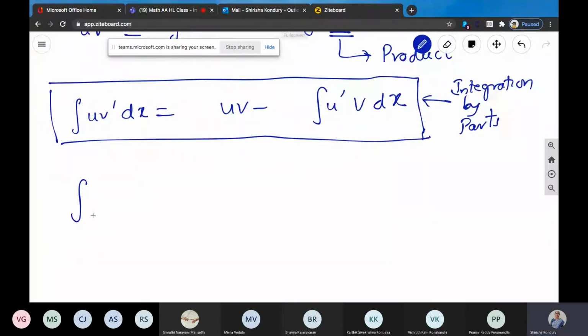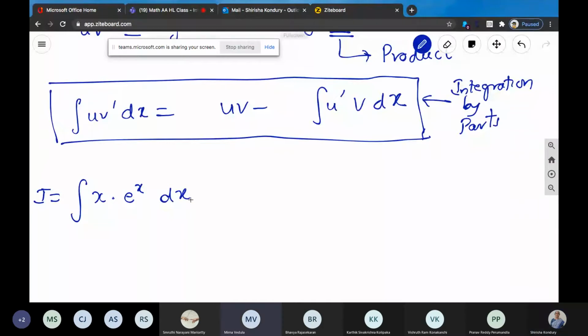So what type of functions are solved by integration by parts? The integrals which are product of two functions. So I'm starting with an example where I have integral of a product of two functions. Mirna, which are the two functions that are being multiplied?